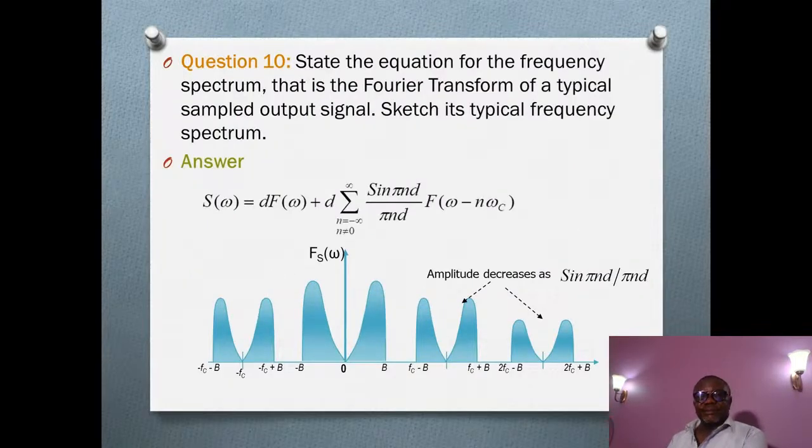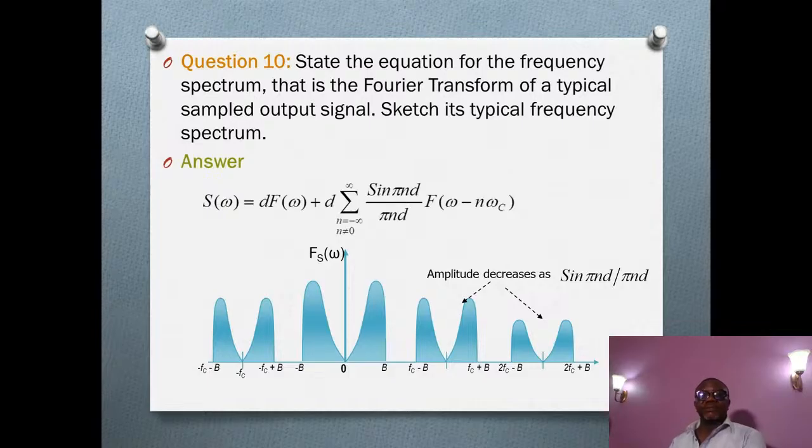Question 10 says, state the equation for the frequency spectrum, that is the Fourier transform, of a typical sampled output signal. Sketch its typical frequency spectrum.